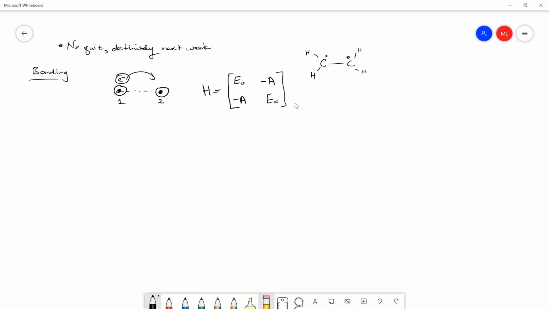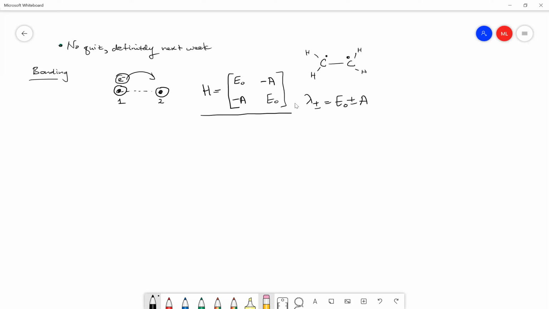And so we argued that each of those electrons will have this kind of Hamiltonian. And if we diagonalize this Hamiltonian, there's two eigenvalues, lambda plus or minus, just E naught plus or minus A.